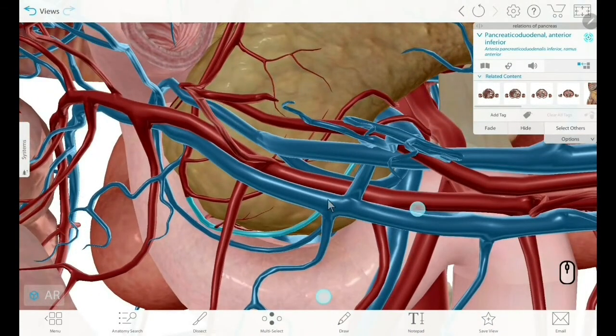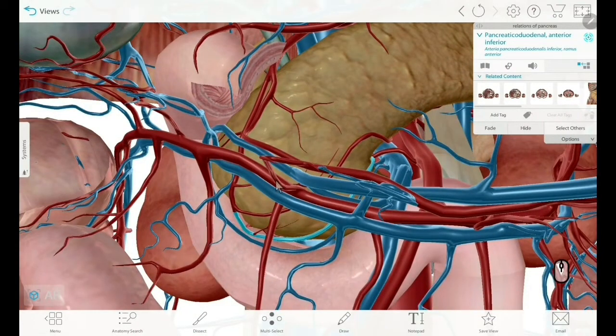This here is the inferior pancreatico-duodenal artery, which is anastomosing with the superior pancreatico-duodenal artery, and it is a branch of superior mesenteric artery. So the inferior border of the head of the pancreas is bounded by the third part of the duodenum and the inferior pancreatico-duodenal artery.